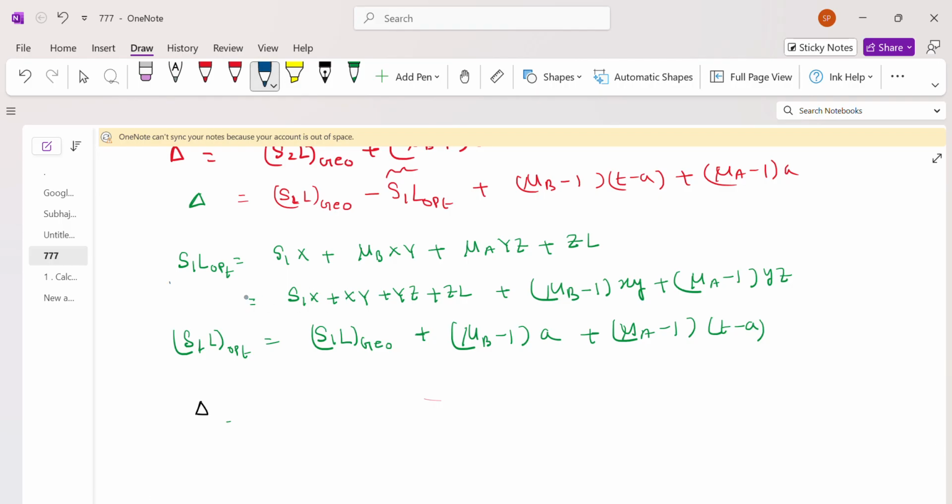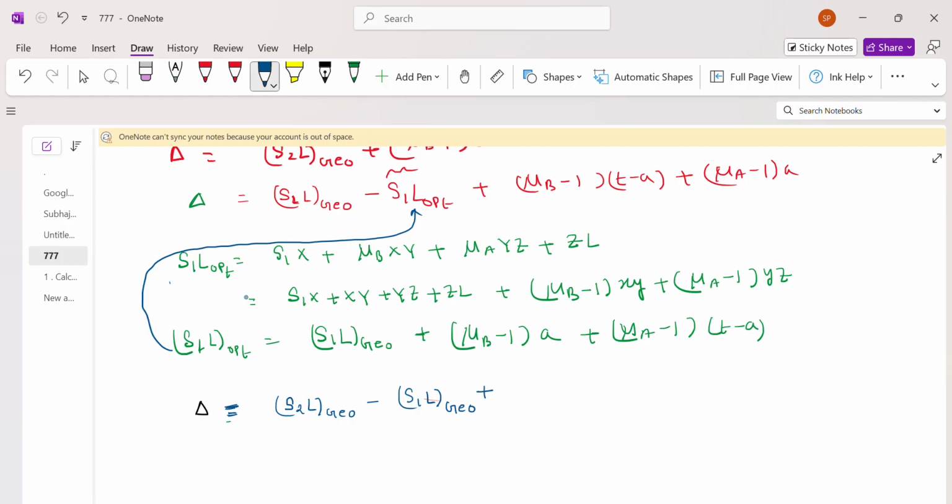This black is a bit unattractive when it comes to teaching, otherwise it's good. So if I substitute this value of S1L opt over here, this will be S2L geo minus S1L geo. There is a reason why I am collecting this term.